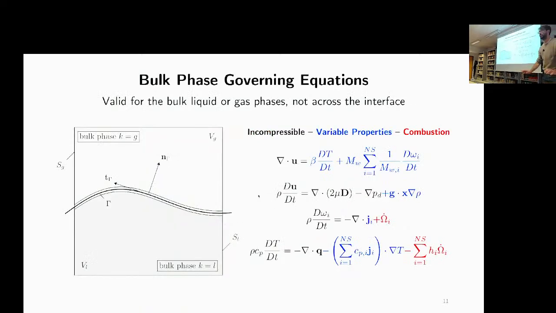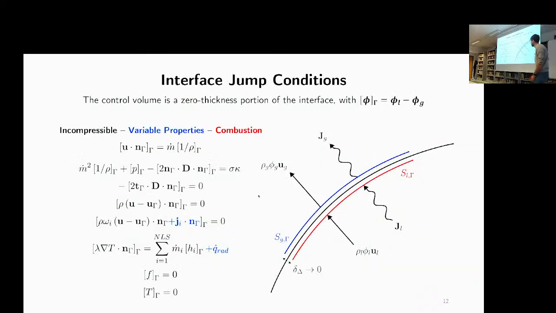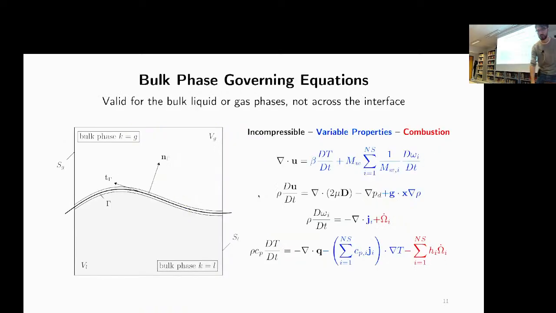We have two types of radiation, first of all. We have radiation at the interface, and also another term, which is the heat dissipation from radiative heat transfer.